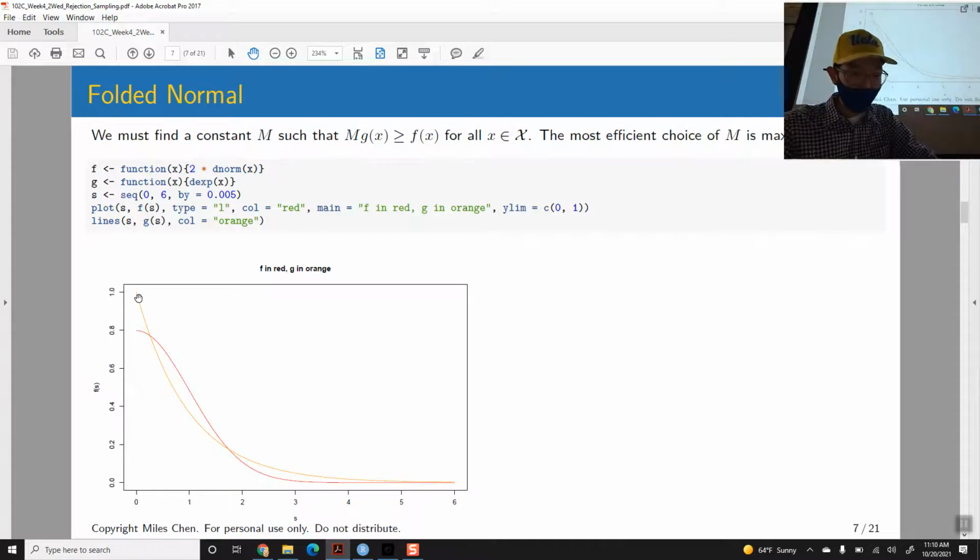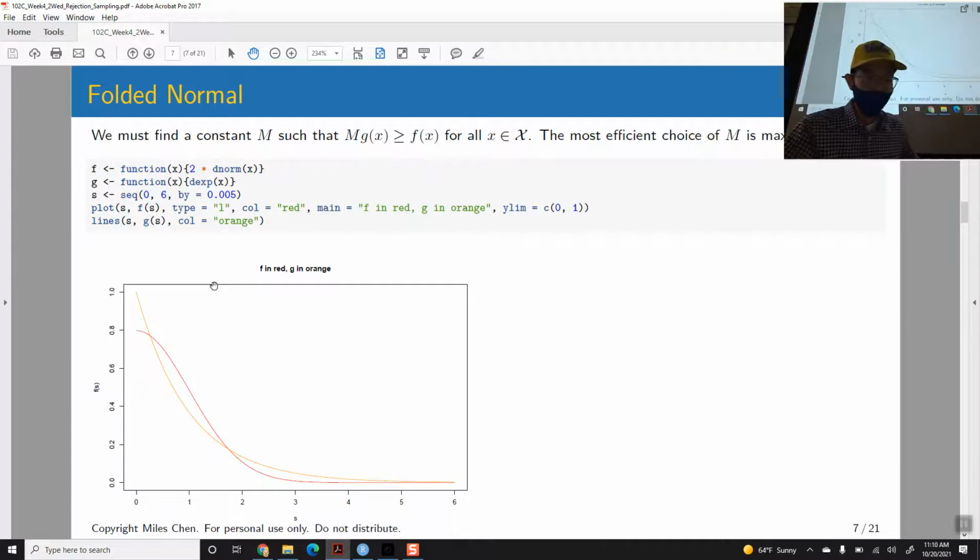And so what we want to do is effectively turn the distribution that we are able to generate from, the exponential, and multiply it by a constant so that m times g of x is going to be greater than f of x everywhere.